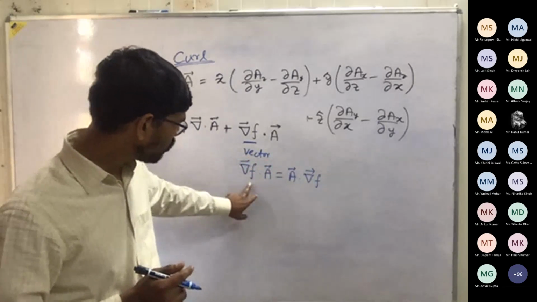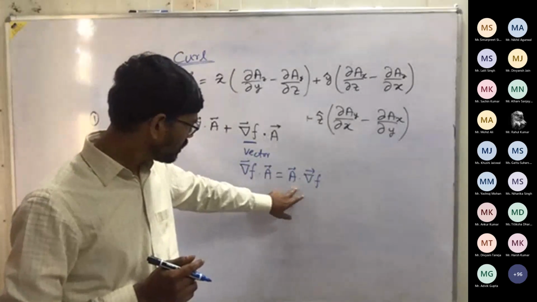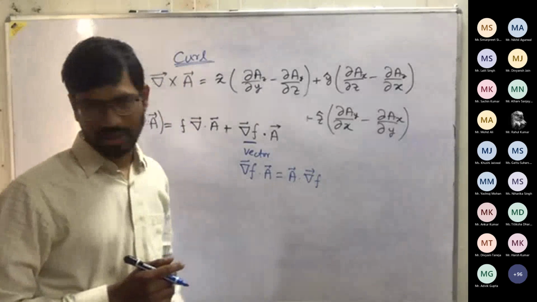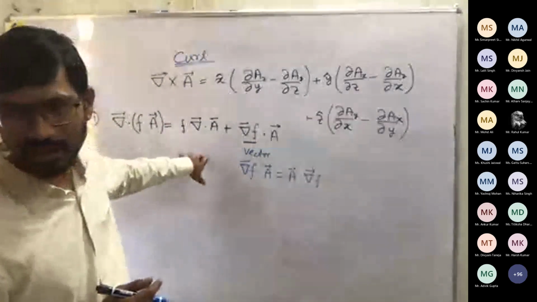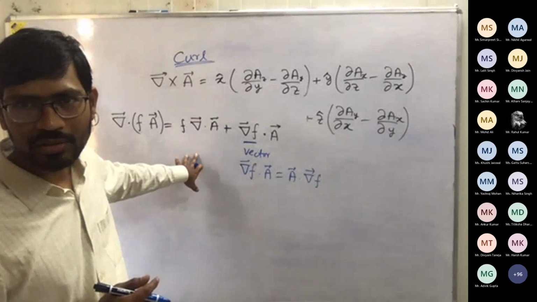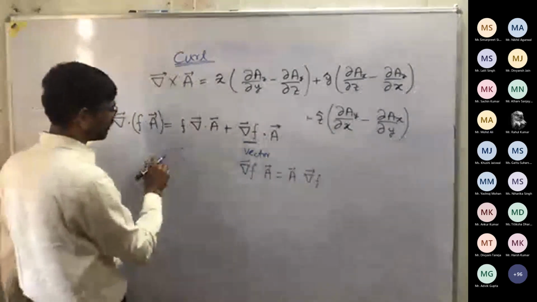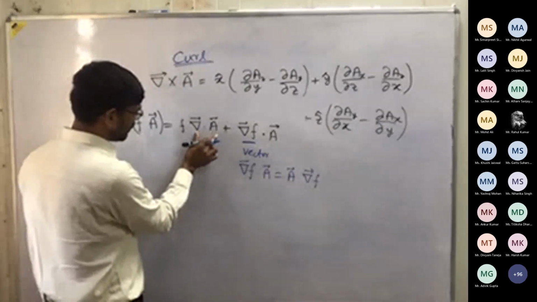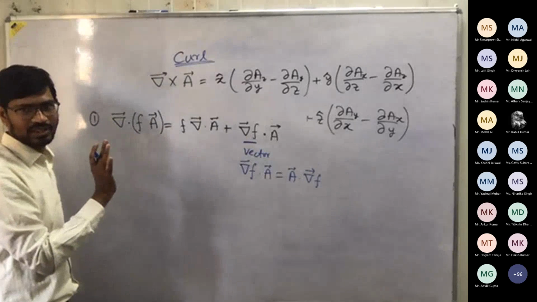The dot product between two vectors can commute, and then you can write this. Okay. Someone was asking questions, but I did not listen. Tell me again now. No, sir, now it's clear. Okay, good. So again, this is scalar, this is scalar, this side is also scalar.